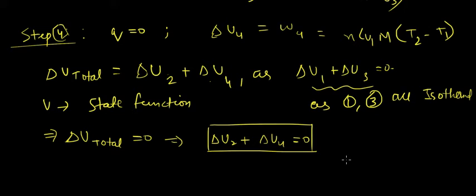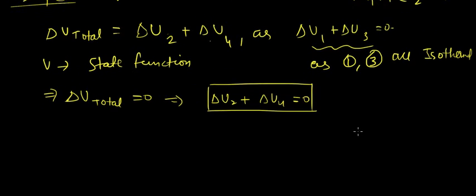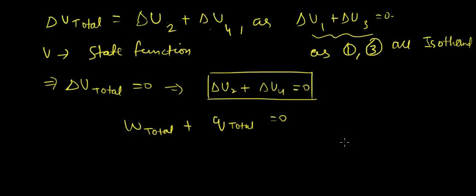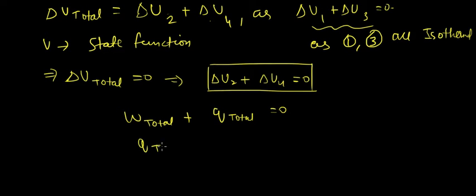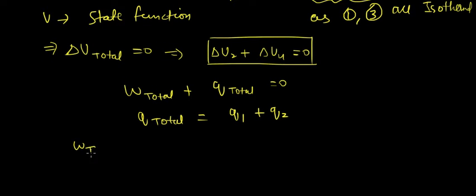Okay, so we can write that W total plus Q total would be equal to 0, and we know that Q total is nothing but Q1 plus Q2. We also know that W total would be equal to W1 plus W2 plus W3 plus W4.